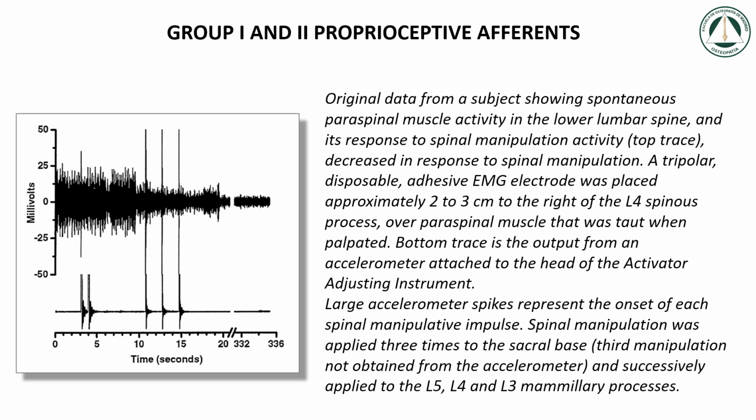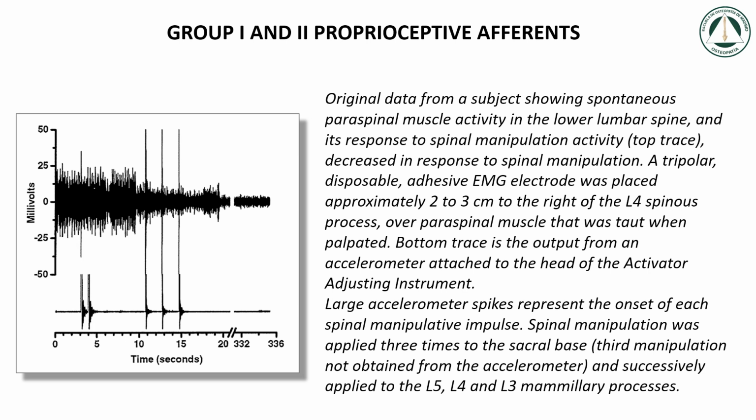A tripolar, disposable, adhesive EMG electrode was placed approximately 2 to 3 centimeters to the right of the L4 spinous process, over paraspinal muscle that was taut when palpated. Bottom trace is the output from an accelerometer attached to the head of the activator adjusting instrument. Large accelerometer spikes represent the onset of each spinal manipulative impulse.